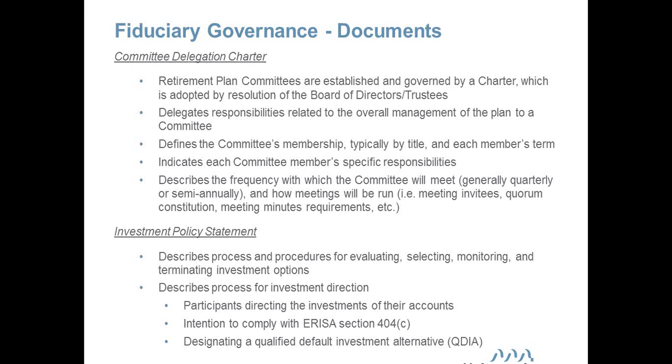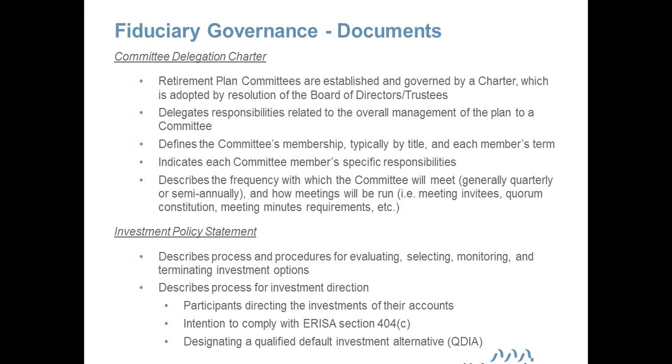So the committee's allowed to make decisions regarding A, B, C, but not X, Y, Z. Often we see you're allowed to make decisions for the general administration of the plan, but you, committee, are not allowed to make decisions that are going to affect the company's bottom line, or you're not allowed to decide to give a 4% safe harbor match instead of a 3% non-elective match. You're not allowed to just simply make decisions that will affect how much money that the plan sponsor is going to have to pay.